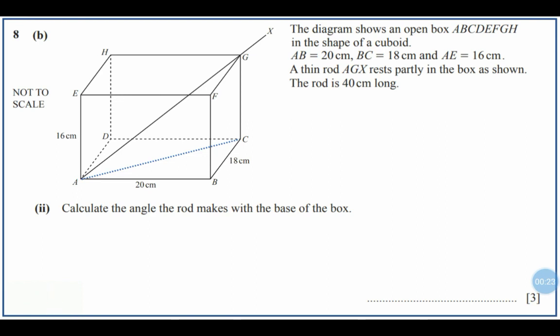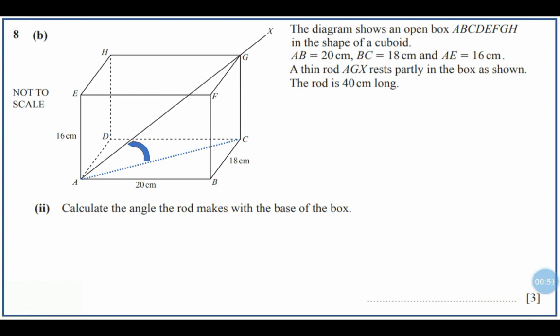If you notice, with line AC over here, I can form a right triangle ACG. If I want to calculate that angle, I'm looking exactly for this angle because this is the base and this is the rod. The angle that it makes is this that I labeled.